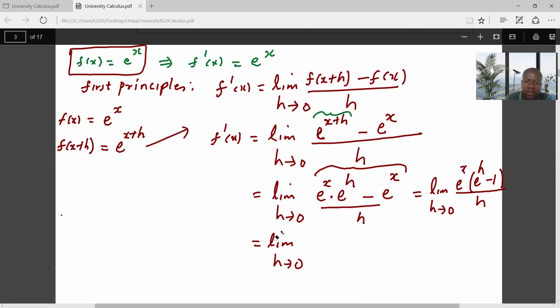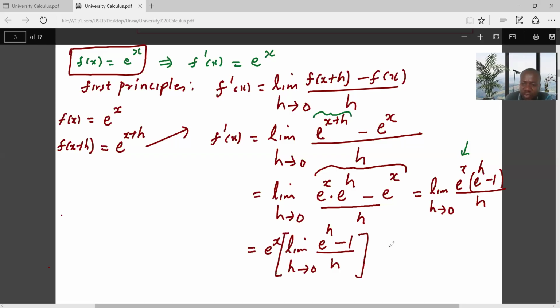And now, since e to the exponent of x is not a function of h, we can pull it out. So this becomes e to the exponent of x times the limit when h approaches 0 of e to the exponent of h minus 1 over h.